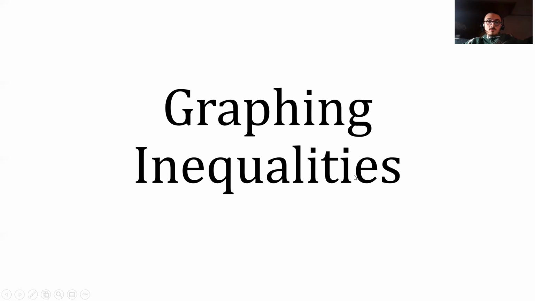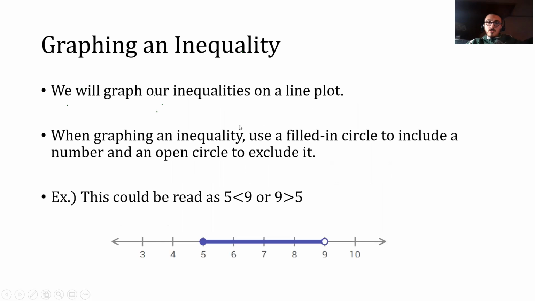So graphing an inequality. When we graph our inequalities, we are going to be graphing them on a line plot. So right down below, you'll see we have a line plot here. When we are graphing an inequality, we are going to use a filled in circle to include a number and an open circle to exclude it.